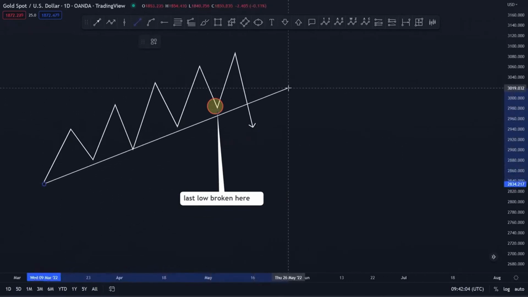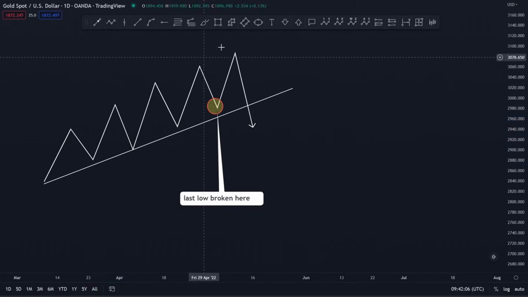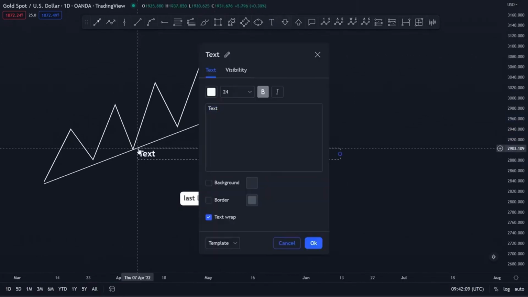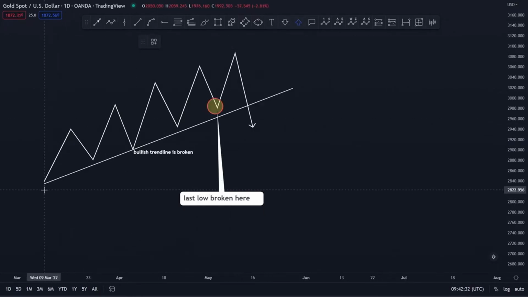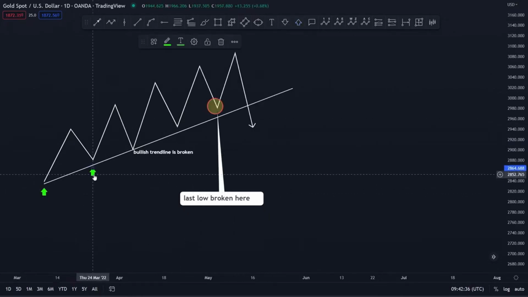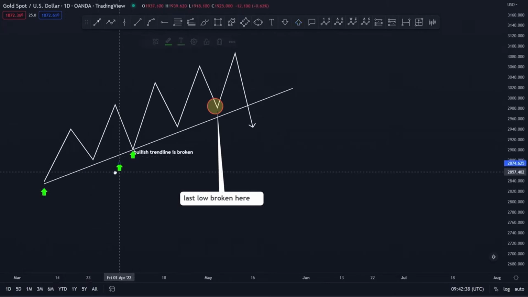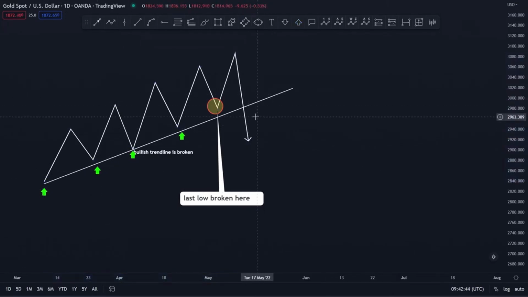In this case, we can see that we have a bullish trend. That means we have to do this. Okay, right now we have a bullish trend which is broken. We can also make our chart a little bit cleaner.